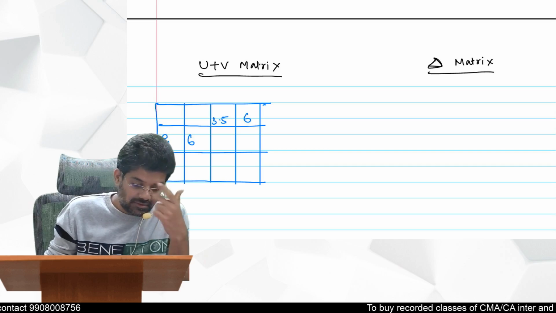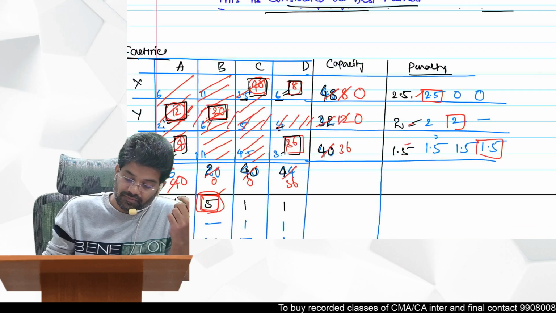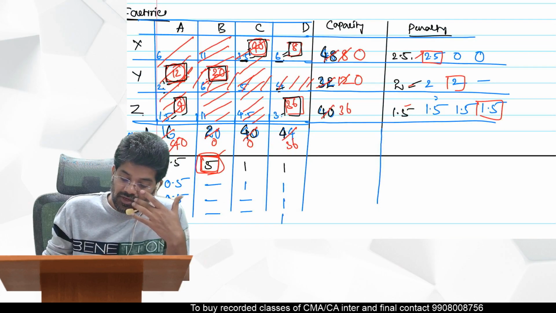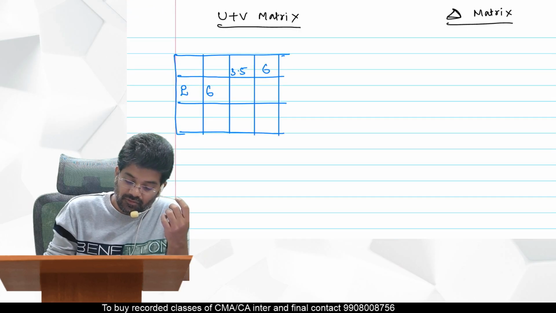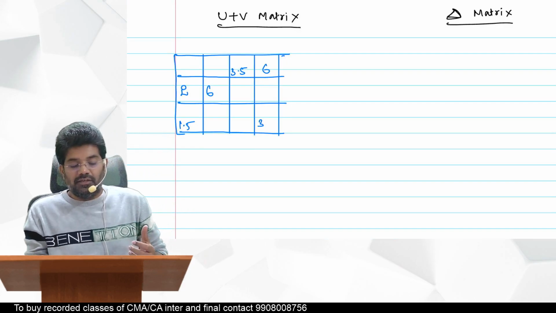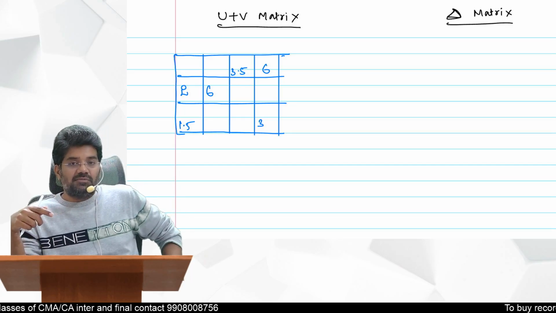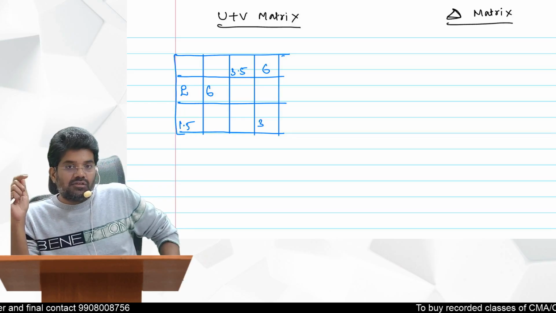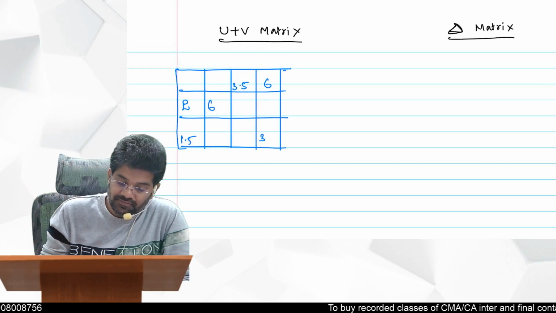Next, third row, first one, 1.5, last 3. So what I have done here is, for whichever cells allocation has been done, I take the cost of those cells. Okay, now do this.